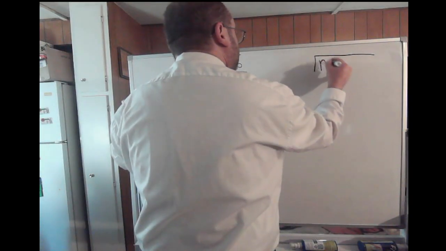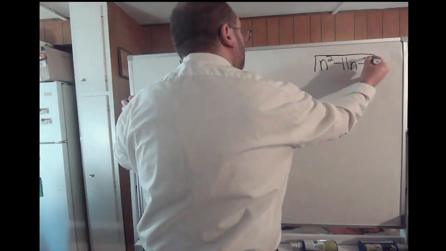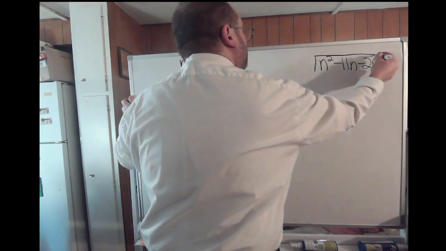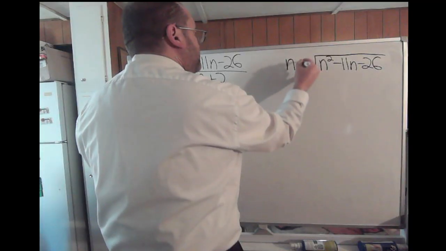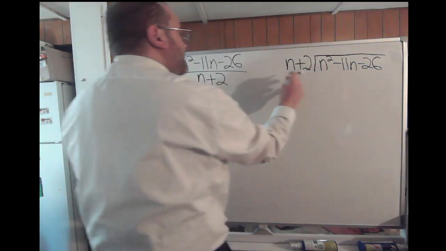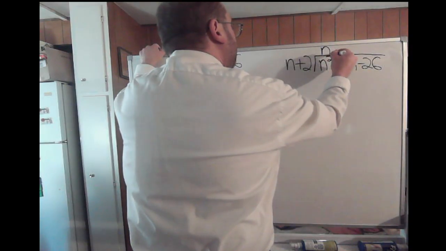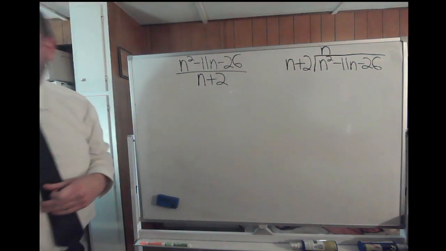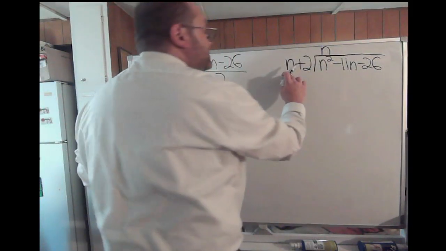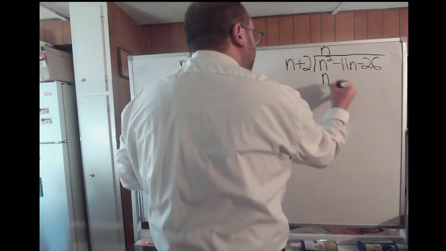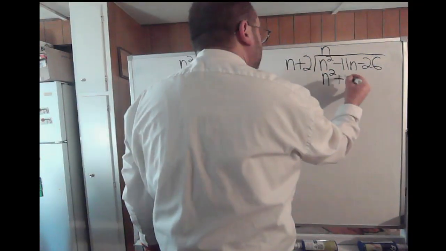Set up your dividend of n squared minus 11n minus 26 divided by your divisor of n plus 2. Alright, n times what equals n squared? Well, that's just going to be n. Now, n times n is going to be n squared. And then n times 2, well, that's just going to be positive 2n.